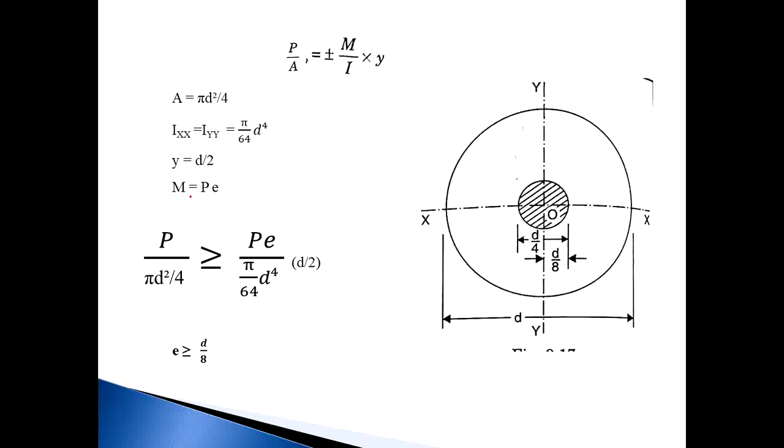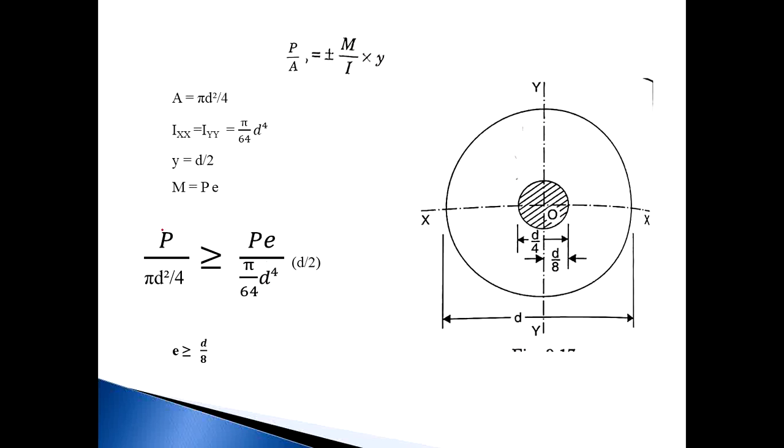So M is equal to P into E. Now consider sigma 0 is equal to sigma B. So sigma 0 becomes P by A, that is P divided by pi by 4 into d square, is equal to M value, P into E, divided by the moment of inertia, pi by 64 d raised to 4, and y becomes d by 2.